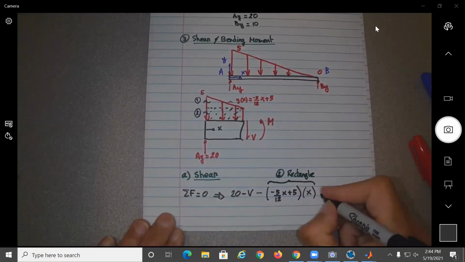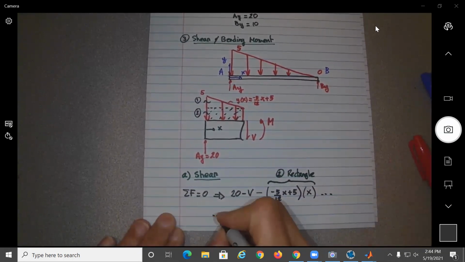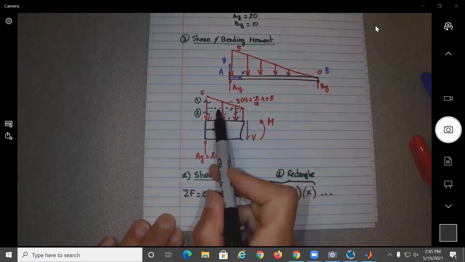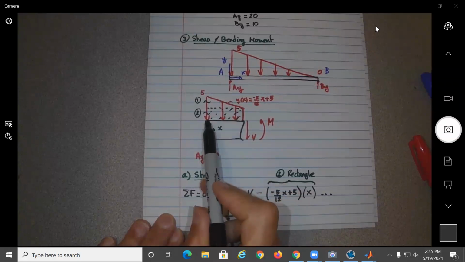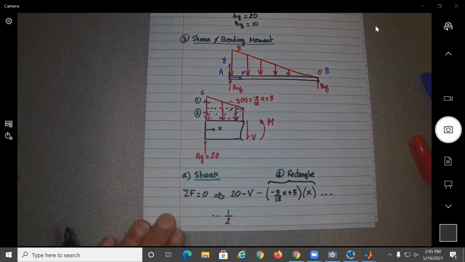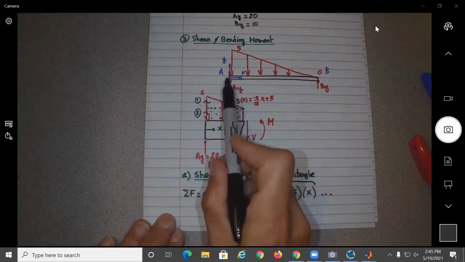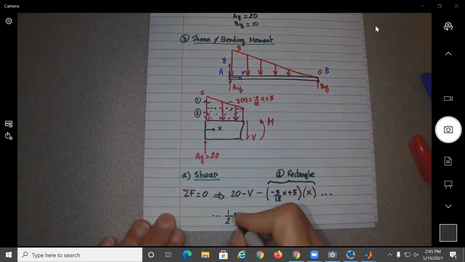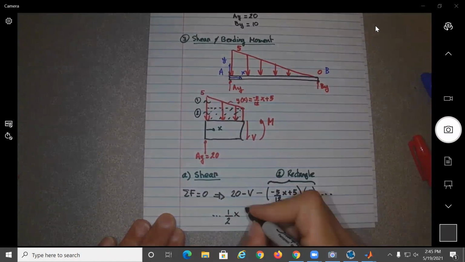Now, what should be the value of the triangle? So we know it's going to be 1/2, because we know it's a triangle of what? We start from this end. So we know it will be x times the height, no? So x is the run. How much would be the height?